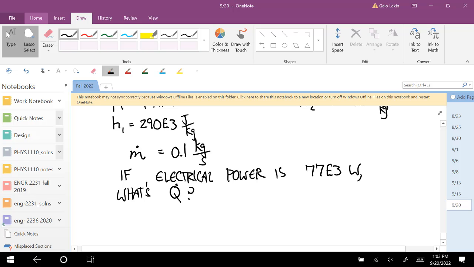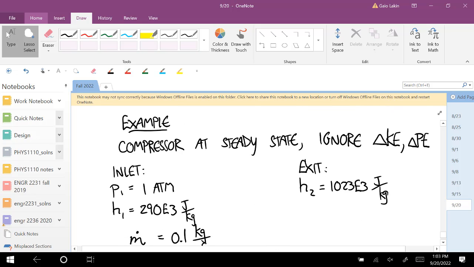What's the rate of heat loss? This is mystery fluid. We're given everything we need.